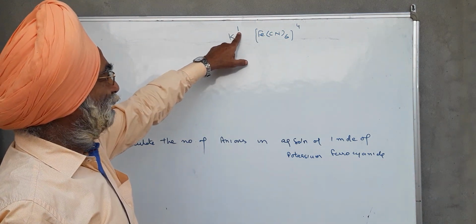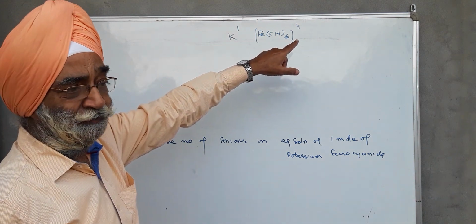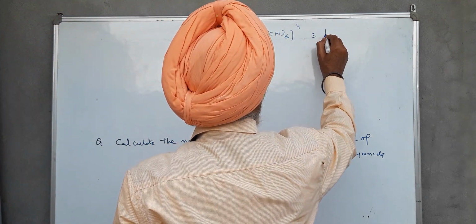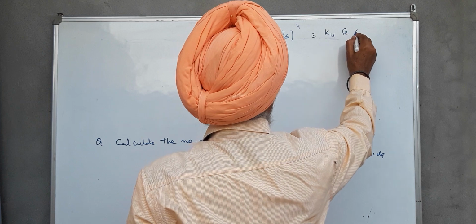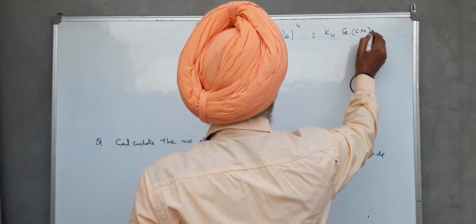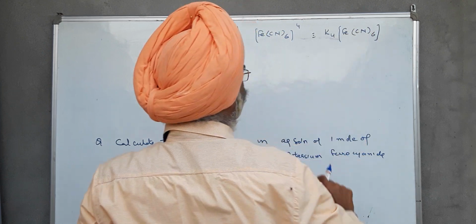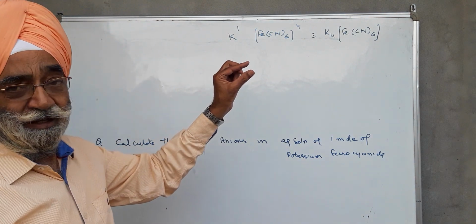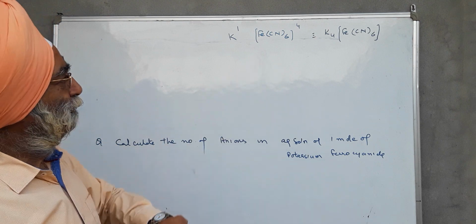It is 1 positive, it is 4 negative. Crossing the valencies, it becomes K4[Fe(CN)6], with the anion in square brackets, and the CN in parentheses also.